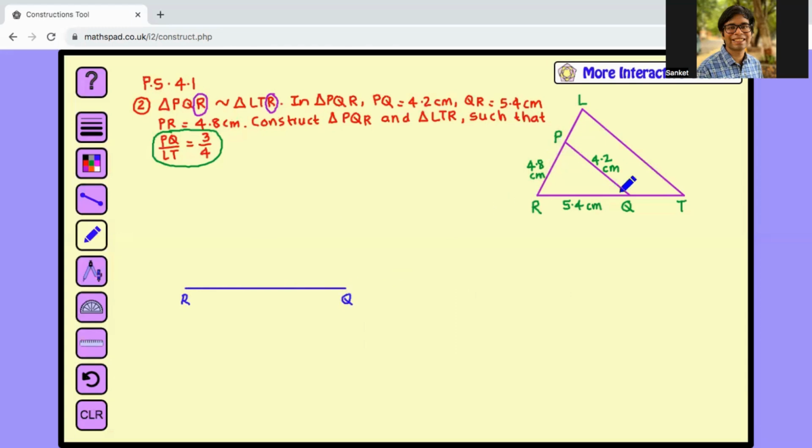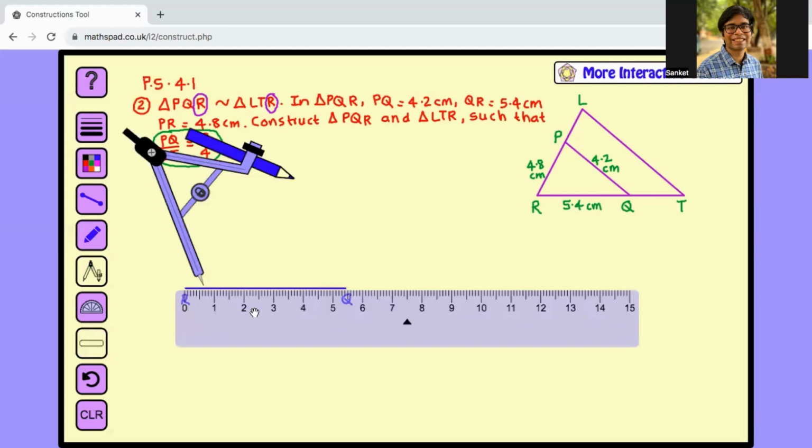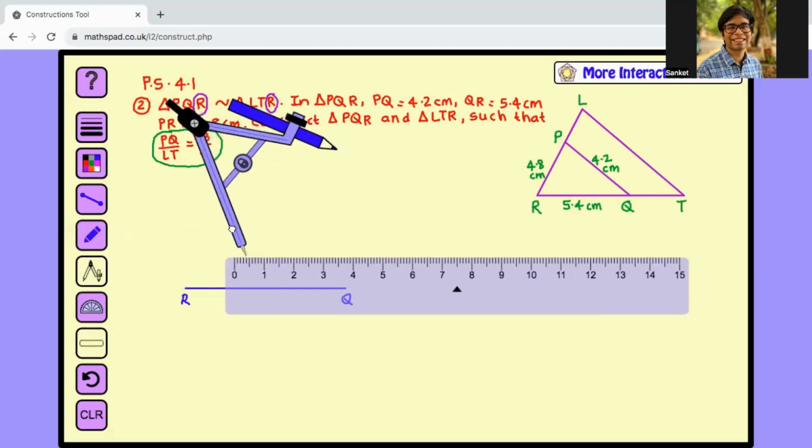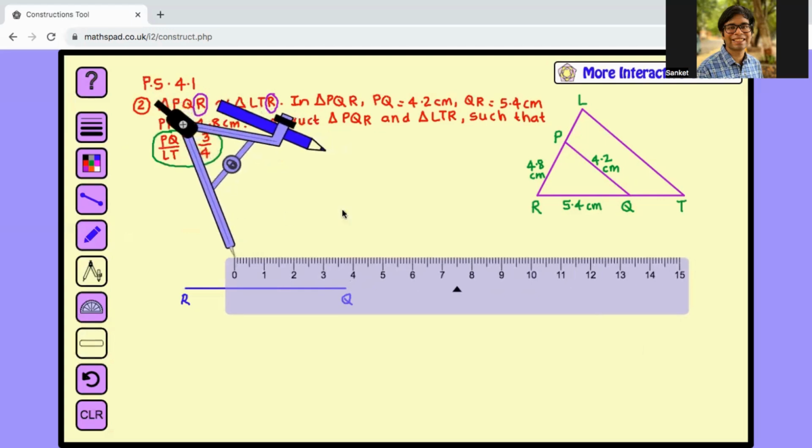Now, the other two sides of the triangle are given to me, side PR and side PQ. So I need to construct this triangle. For that, I need my compass. On the scale, I'm going to measure 4.8 centimeter first so that I can draw side PR.